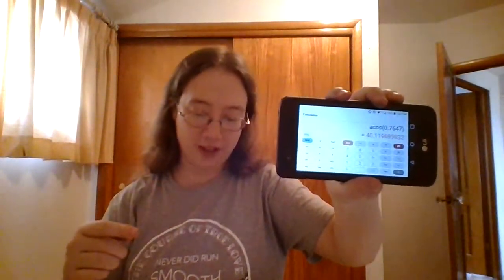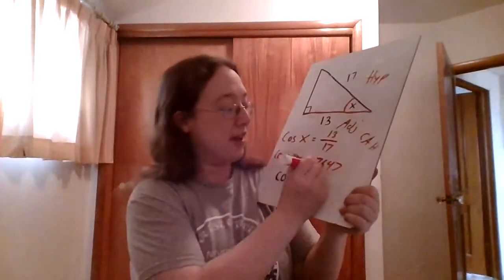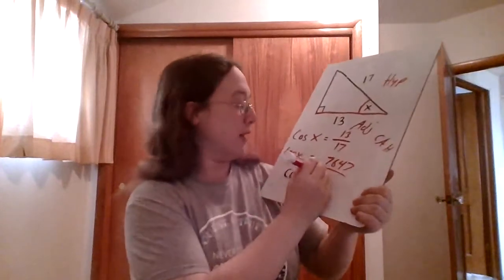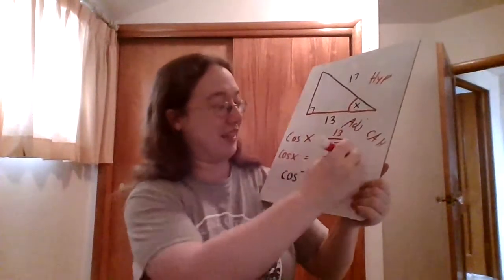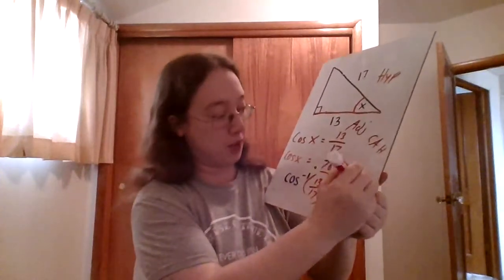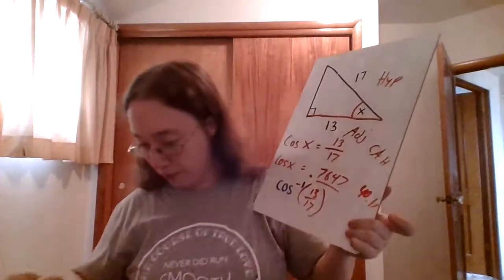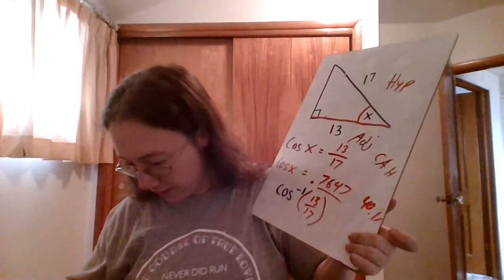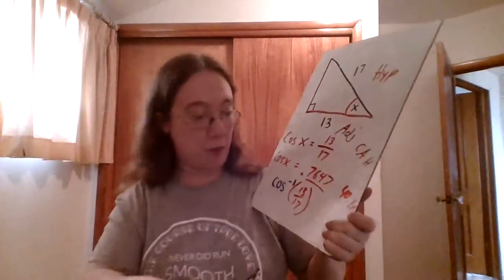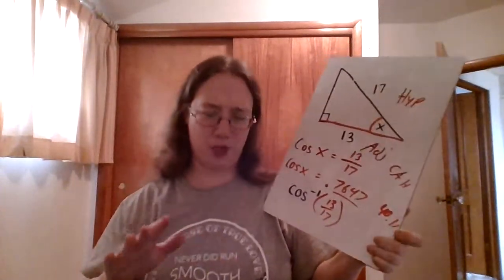Now, just a heads up that if you punch in the inverse cosine of your decimal or your inverse cosine of 13 over 17, you will get slightly different things. The more decimal places you put on this, the more accurate that's going to be. But if you just punch in inverse cosine of 13 over 17, you'll get something slightly different. So if I punched in the decimal, I got 40.11. If you punch in the fraction instead, you get 40.119, so technically 40.12.